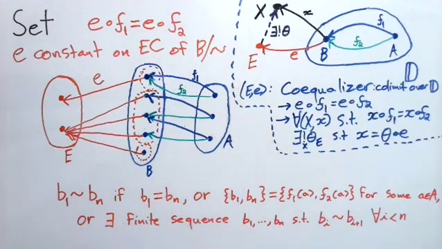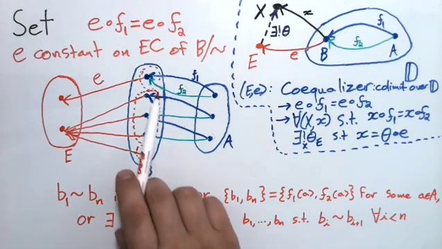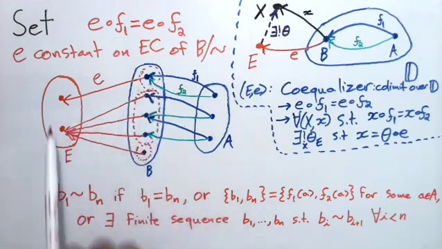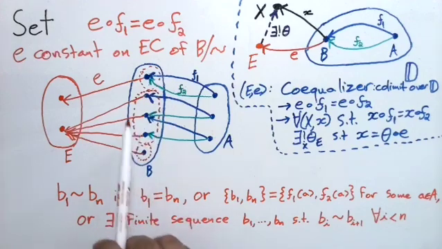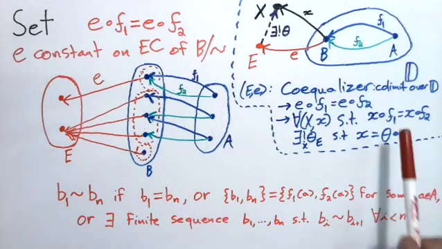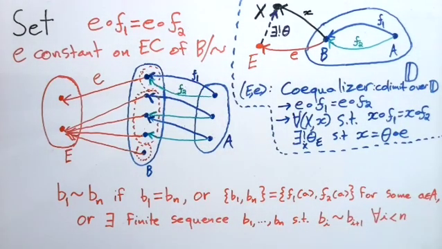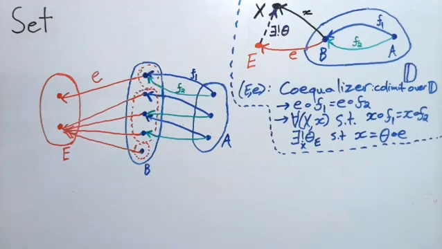B divvied up by tilde. So if we have E constant on all these equivalence classes, which is exactly what we have here, right? Constant, constant, and these three are in a grouping and they're all constant as well. So this is what we need to have this property. And if we have this property, that means we have a cocone. So we know what it takes to be a cocone over D.